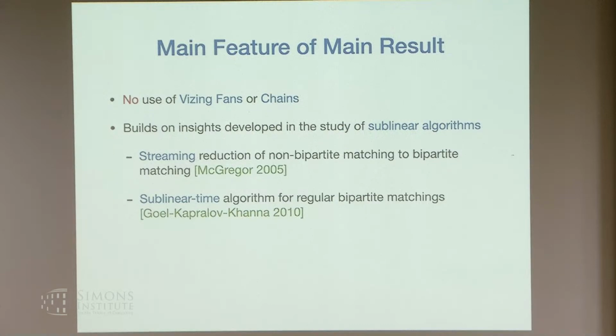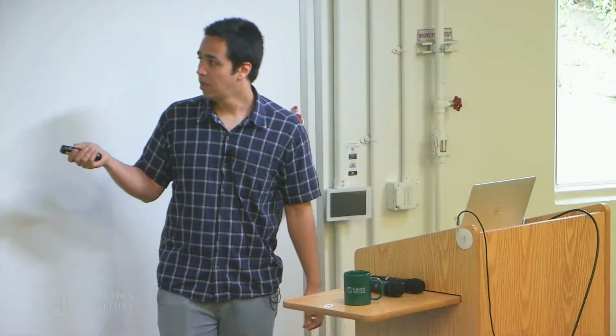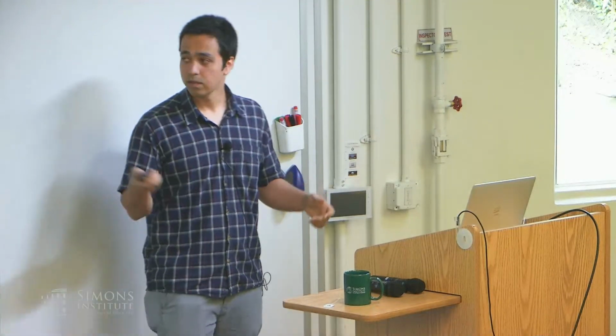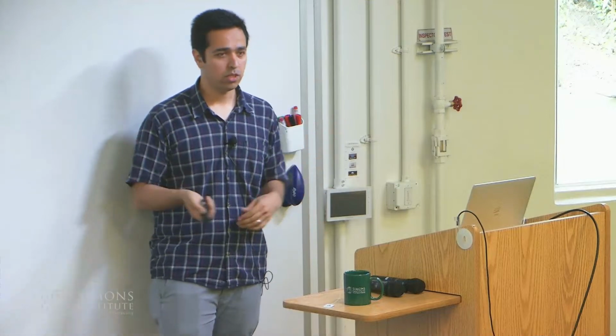We are going to use ideas and inspiration from these 2 works to design the result that I talked about. I will mostly talk about this part because this is more concrete. I can show you exactly, in a technical sense, what we are doing. But this is also equally important for this work. I'm happy to talk about it offline, at the insight or inspiration level, how it helped.